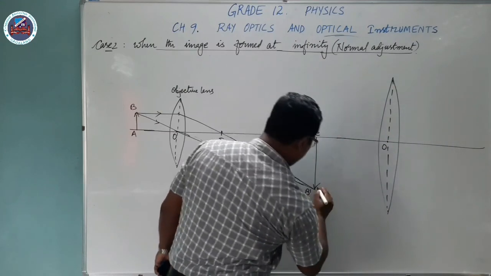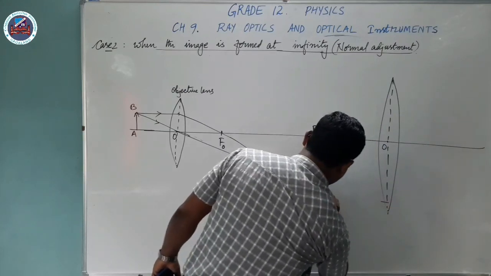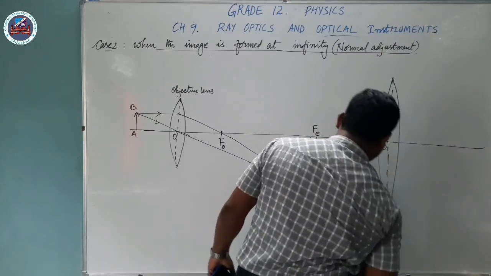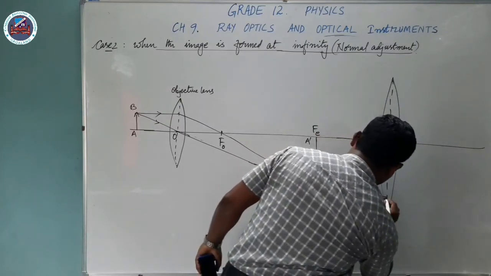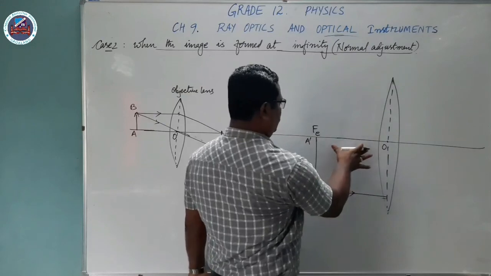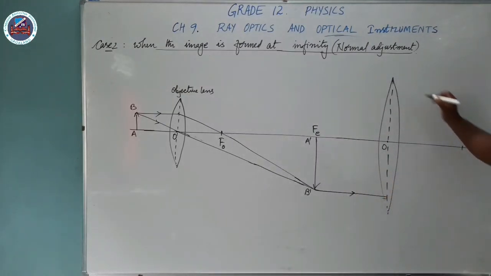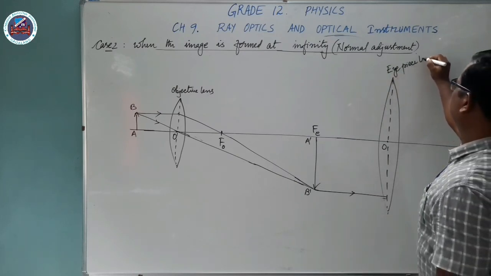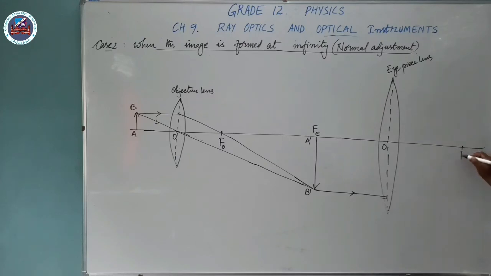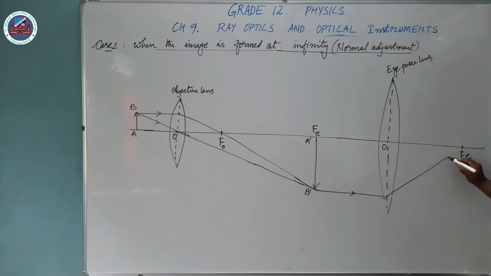The ray that will go parallel to the principal axis will pass through the principal focus of the eyepiece lens. This will be your FE. It will go through the principal focus of the eyepiece lens.